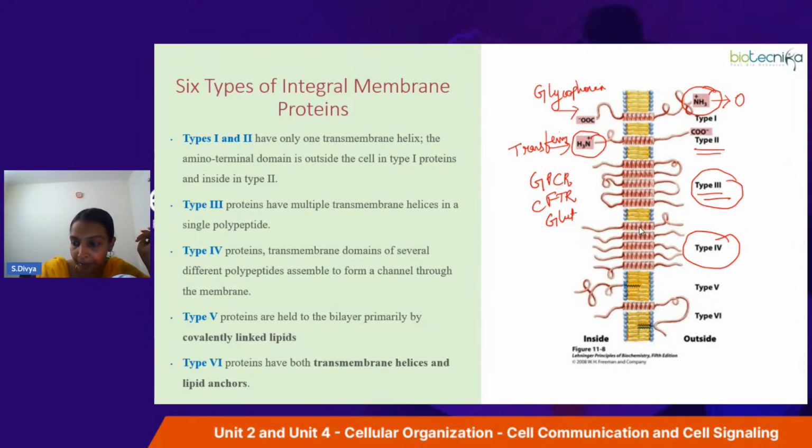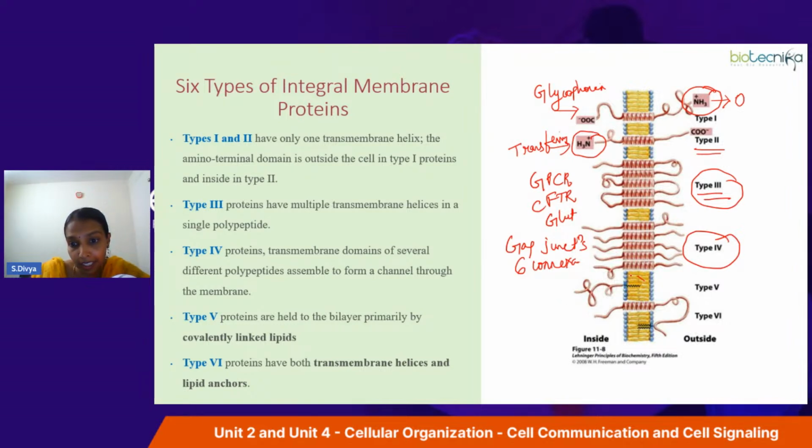Which one could it be? Very easy. Gap junctions. Are you aware of gap junctions? Have you heard of gap junctions? Not tight gap junctions, we can say. Why gap junctions? Any idea? Because we have 6 connection proteins that accumulate in the form of a channel. Right? So that becomes your type 4.